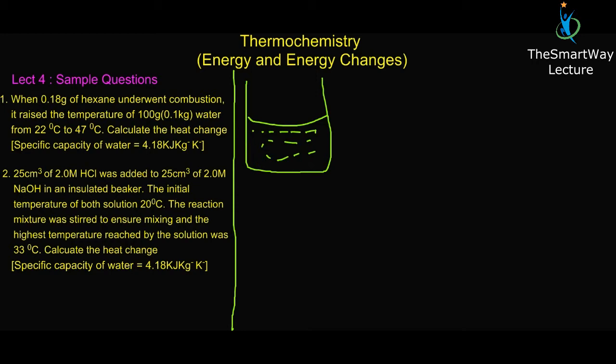Let me change the color. So inside this beaker, we had the acid, and the thermometer was also inside, just to take the readings, to take the change in temperature.